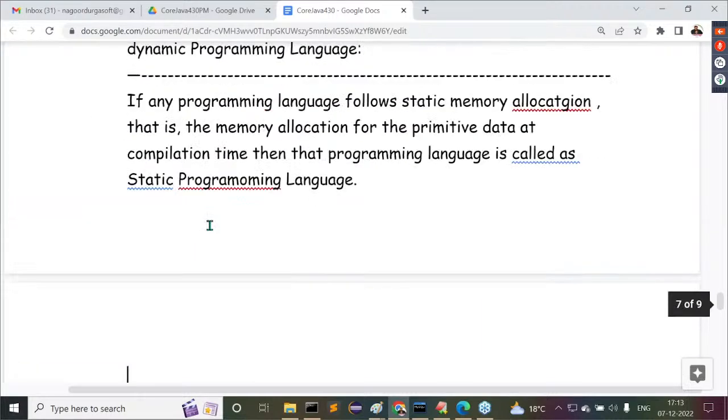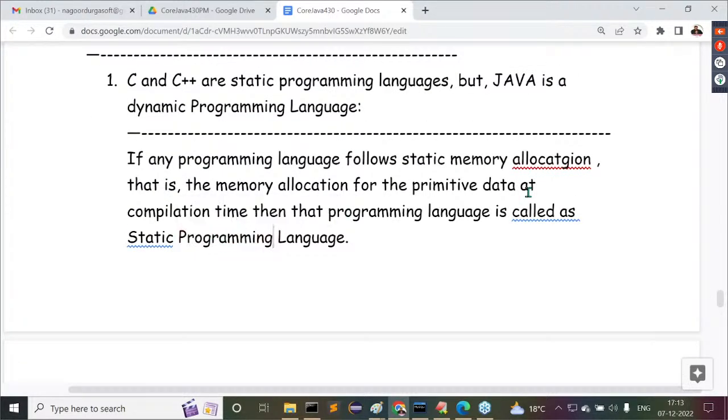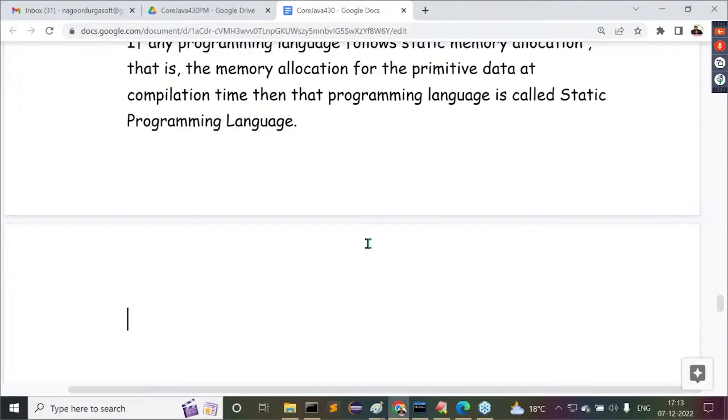Here itself I've given the total meaning. If any programming language follows static memory allocation for the primitive data types at a compilation time, then the programming language is called a static programming language.